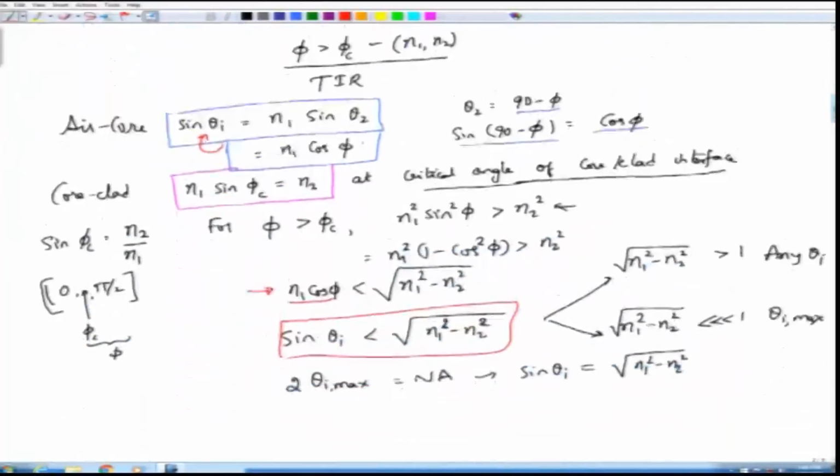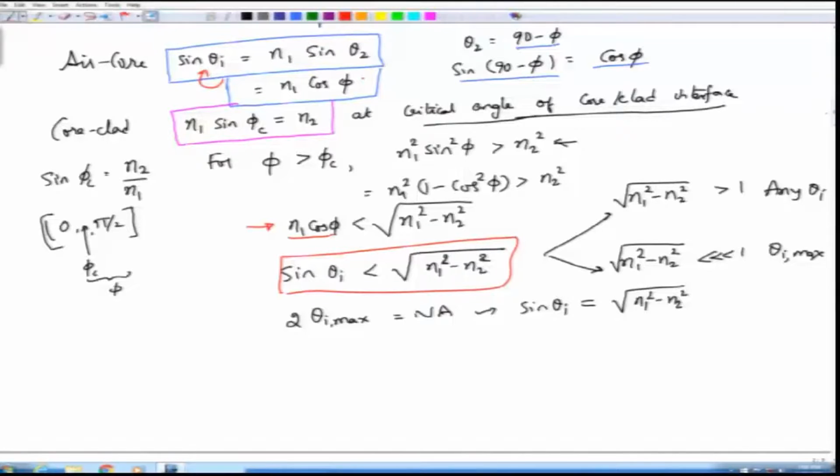However, for single mode fiber this is very small, and even for any other fiber in the current fiber family, the refractive index difference n1 square minus n2 square is so small, in fact much less than 1. In that case, what happens as you start increasing theta I? You look at this equation: as you increase theta I, sin theta I keeps on increasing, and n1 is fixed.